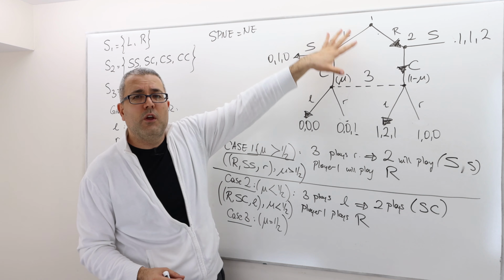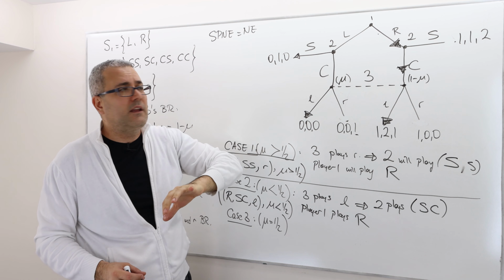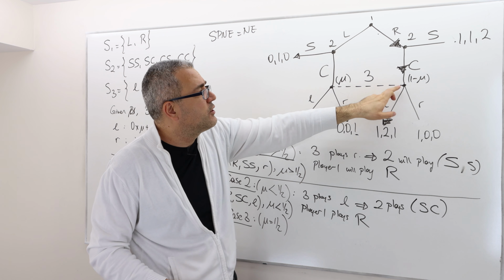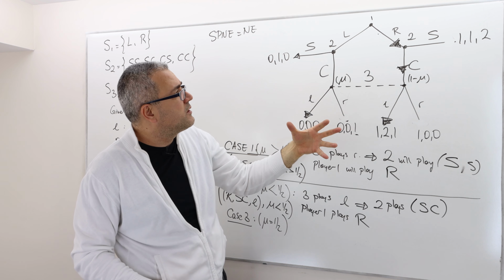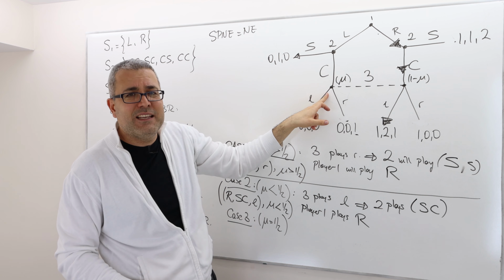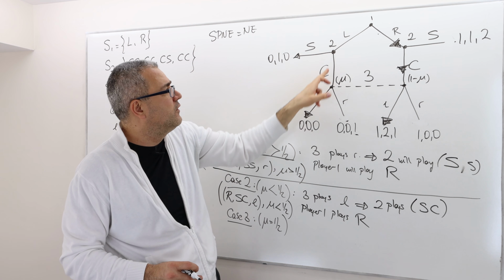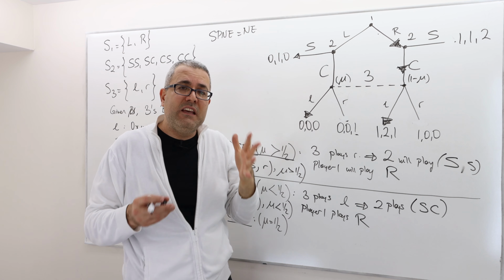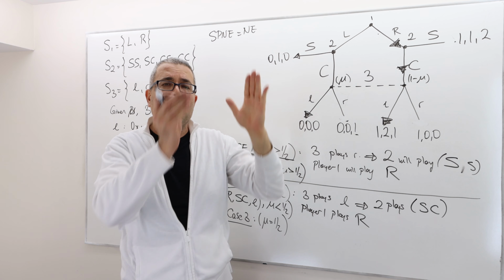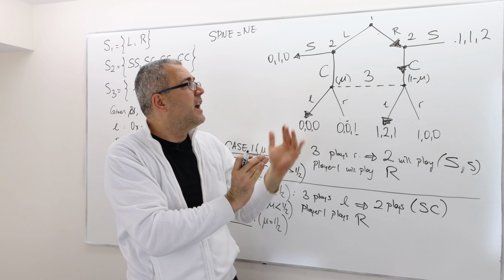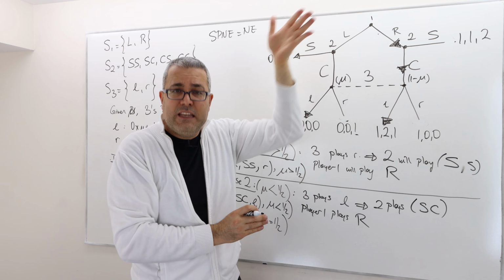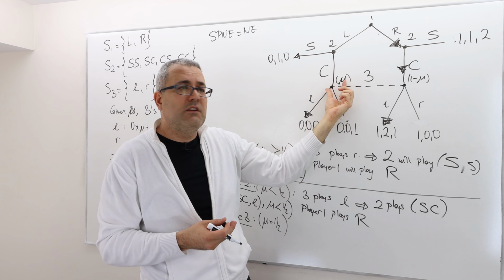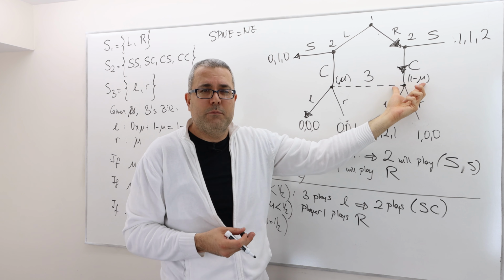This info set, according to those strategies, is on the equilibrium path, because player 1 is supposed to play R and player 2 is supposed to play C, and so player 3 knows that there's no way he ends up at this decision node, because 1 will not play L and 2 will not play C. I mean, he may end up here if both players deviate, but remember, we're checking Nash equilibrium. We fix player 1 and 2's strategies as R, S, C, and given that, player 3's belief should be such that mu is equal to 0, because the probability of being here must be 1.